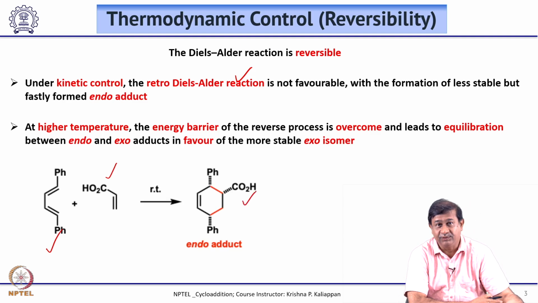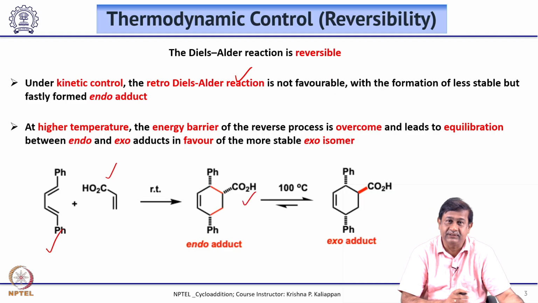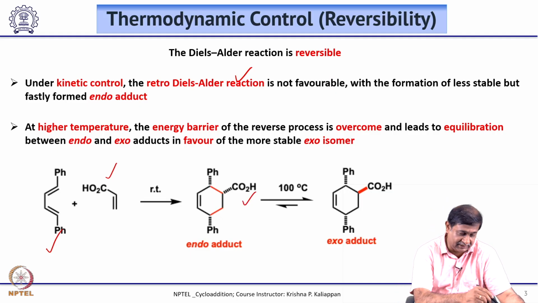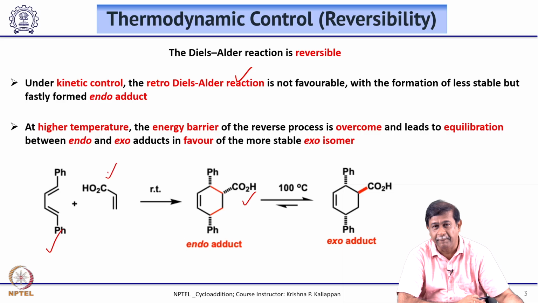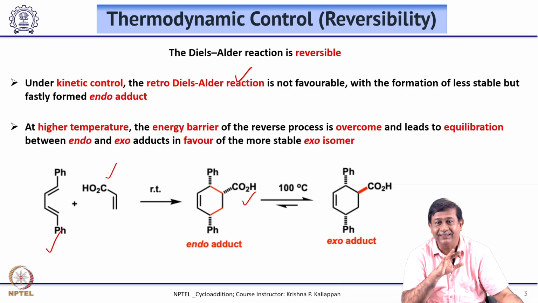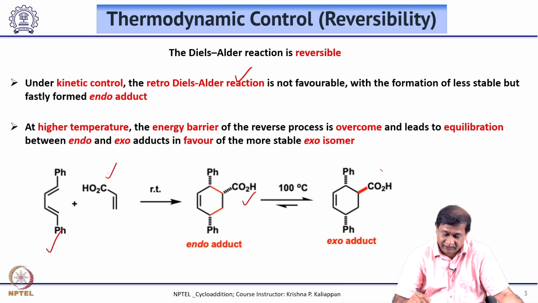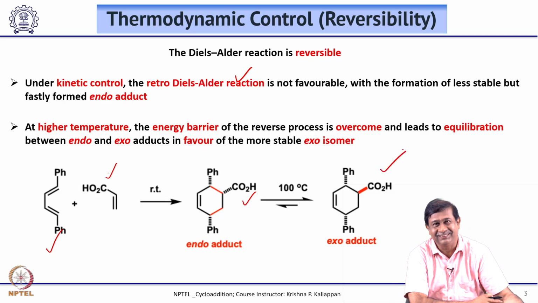But if you heat it at higher temperature, it goes back to the starting materials, this diene as well as this dienophile, and it undergoes further Diels-Alder reaction, giving a mixture of endo and exo. Since the exo product is the thermodynamically more stable product, when you heat it for longer time, exo product becomes the major product.